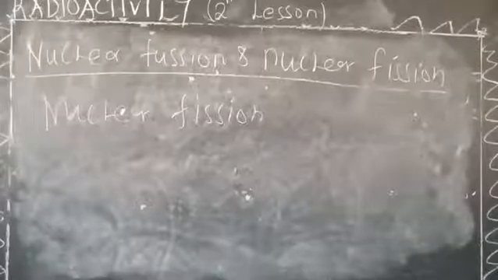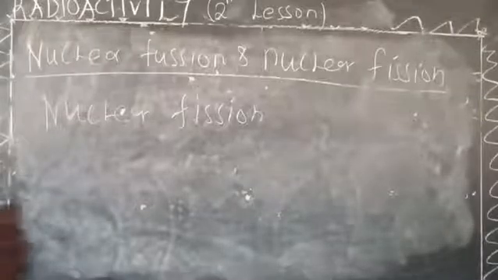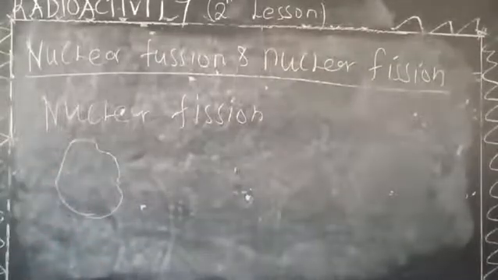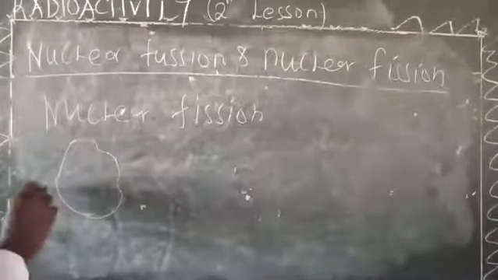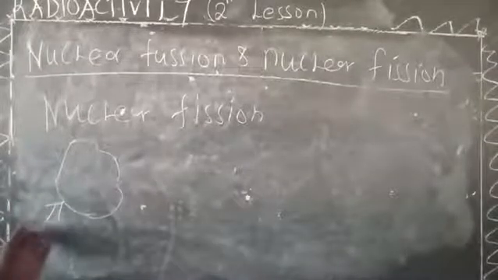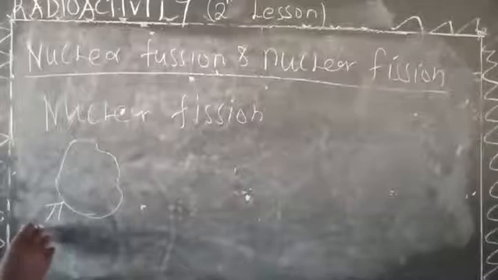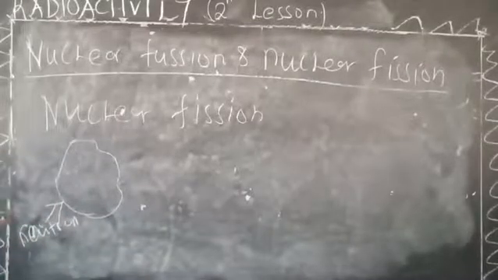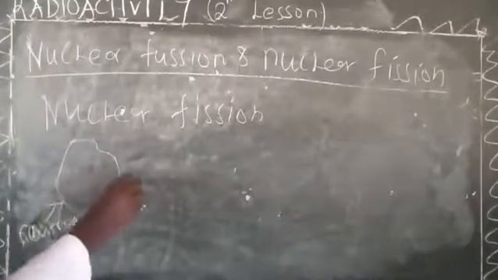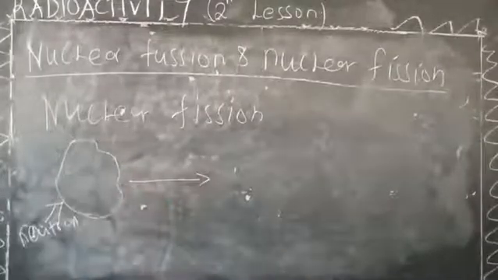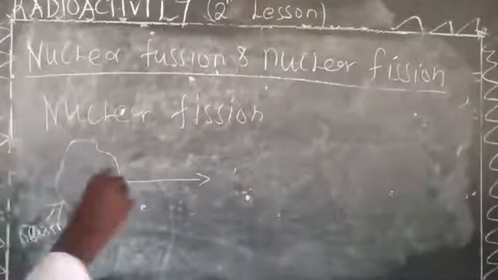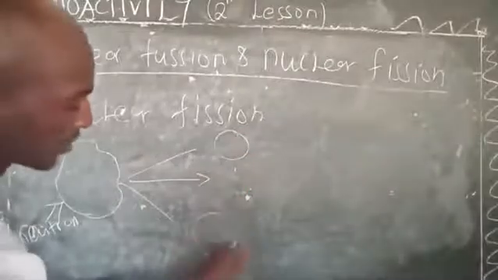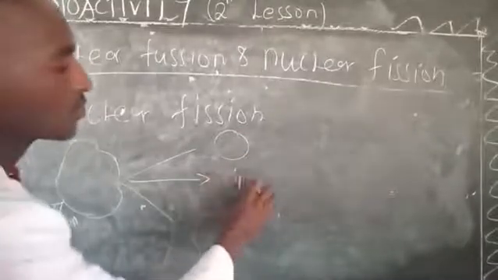In this case, we have one big nuclide, and then this nuclide is hit by energy in the form of a neutron. When it is bombarded, we get two light nuclides, and there is also the release of energy.